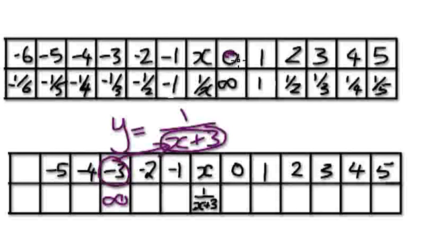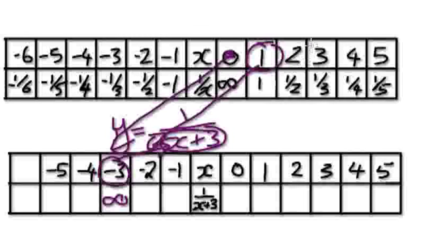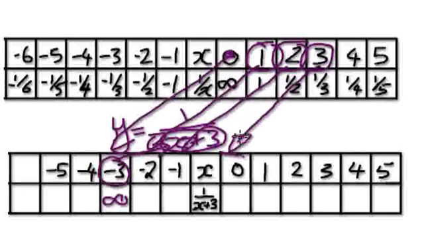Basically, when x is 0 at the bottom here, this will be 3, so 3 gets mapped to here. So it's like you doing this here.